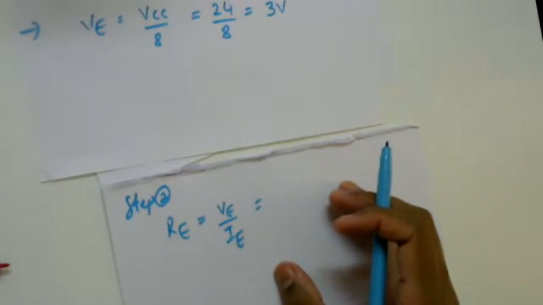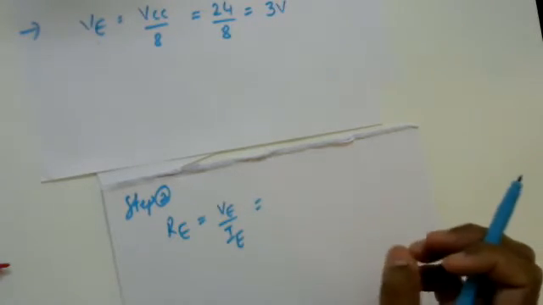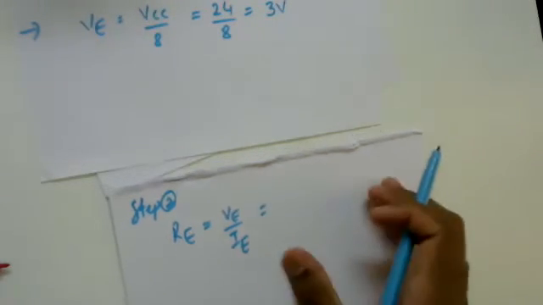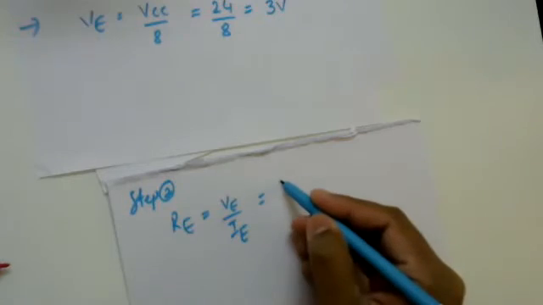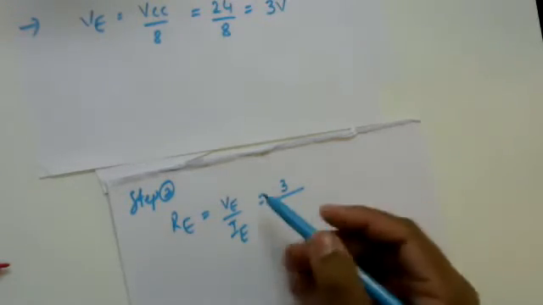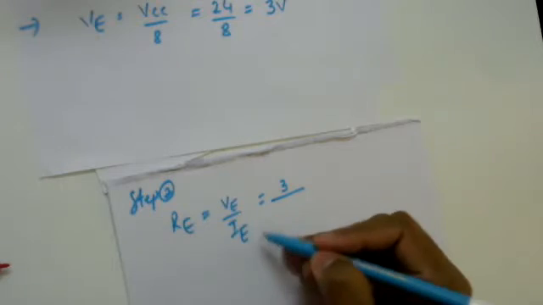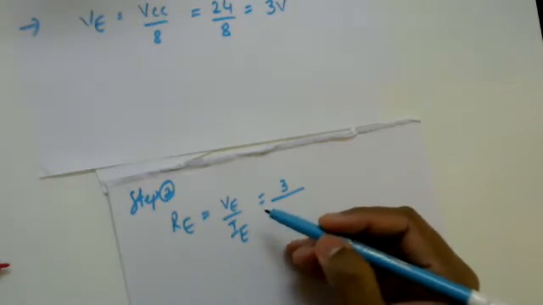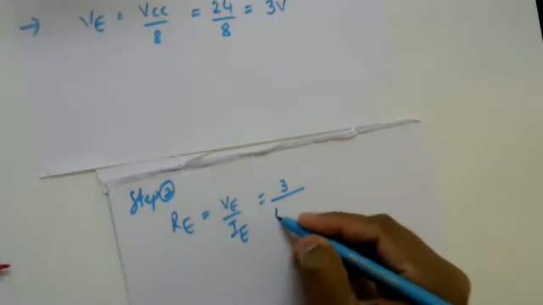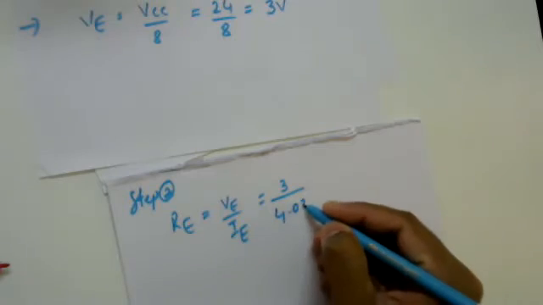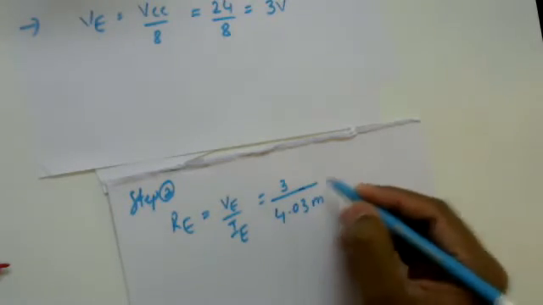Then what is the value of VE? The value of VE is found to be 3 volts divided by the value of IE. What's the value of IE? Value of IE is 4.03 milliamps.